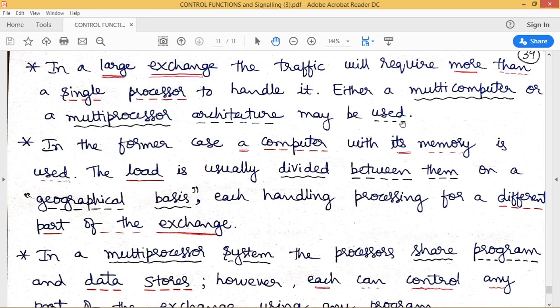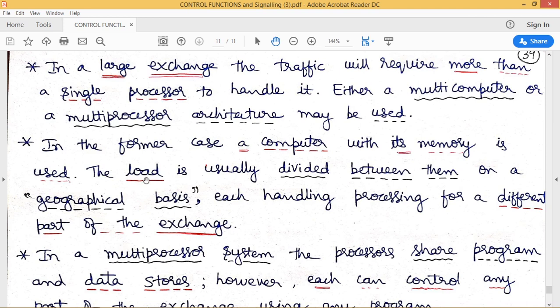In the former case, when we are using multi-computer architecture, out of many computers, let us consider one computer, and that computer will have its own memory for processing the data. It will be loaded with some program, and depending upon that program, the computer operates.